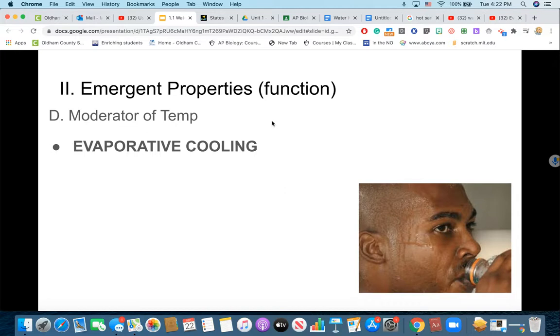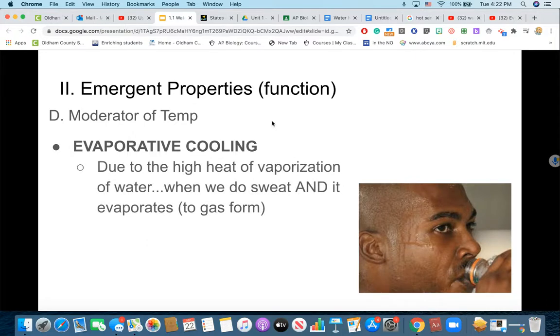So you might think of this as sweating. And you know that when we sweat, eventually, we cool down. So evaporative cooling is connected back to high heat of vaporization. So evaporative cooling is due to the fact that water has high heat of vaporization.